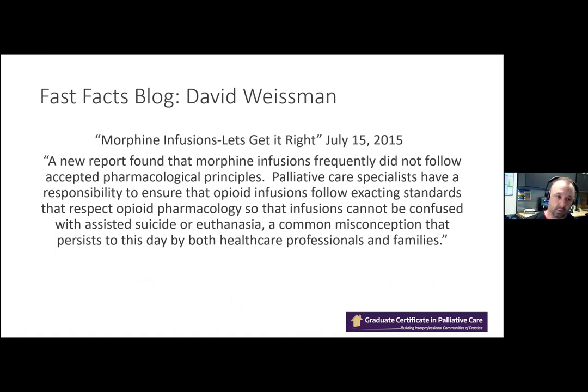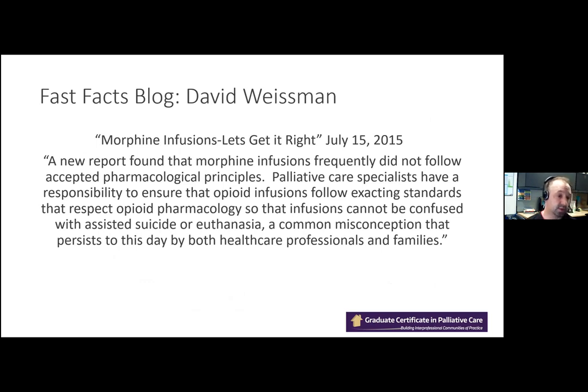Also, as that Cochrane review was coming out, here's a quote from Fast Facts by David Weissman about opioid stewardship. He says, a new report found that morphine infusions frequently did not follow accepted pharmacologic principles.